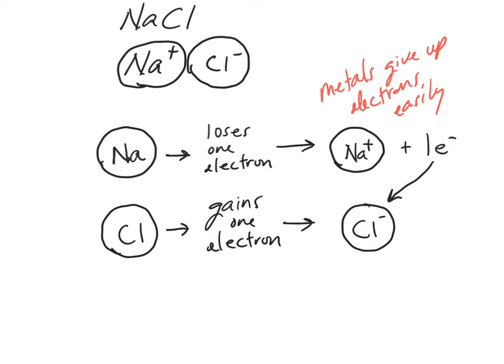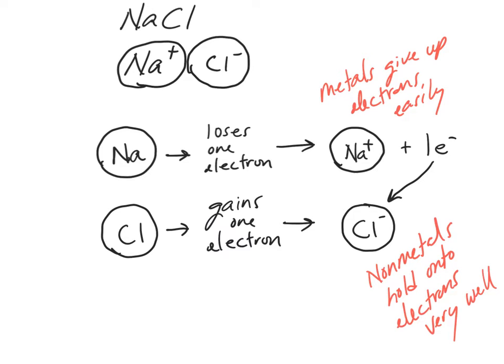You might remember that metal atoms give up electrons really easily, and nonmetals hold on to electrons very well. They gain electrons very easily. So, in fact, this is why we get these positive charges and negative charges. An electron is lost completely, an electron is taken on completely.